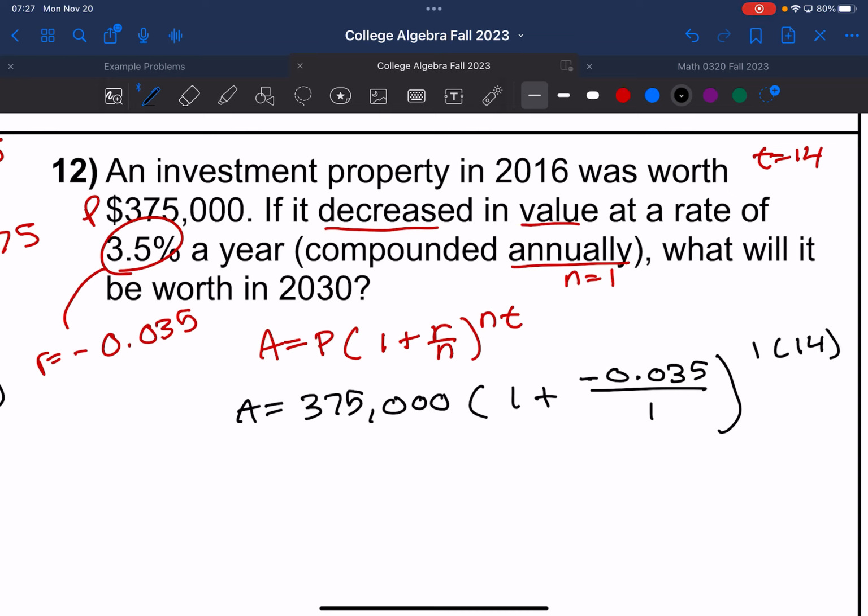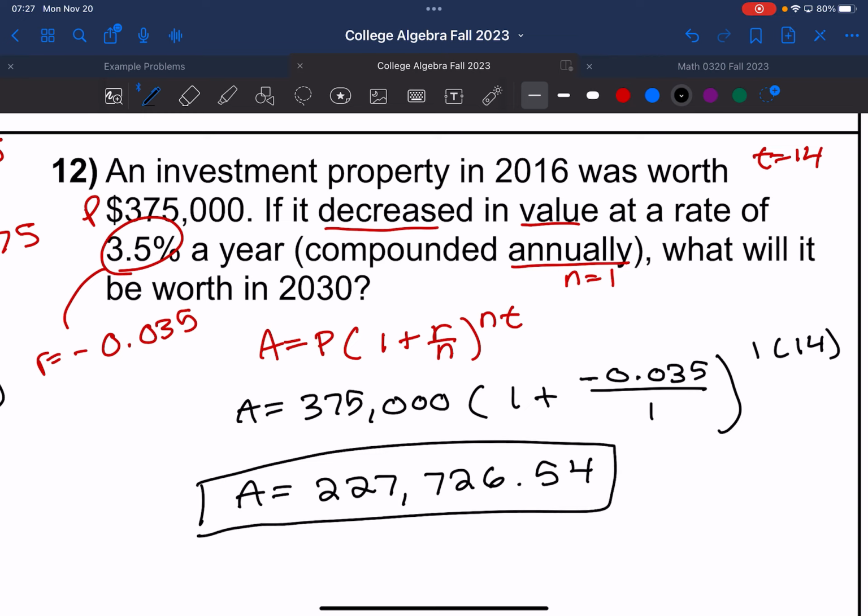Plugging that into your calculator should get 227,726.54. So after 14 years, since the value decreased, it decreased from 375 to 227,000.